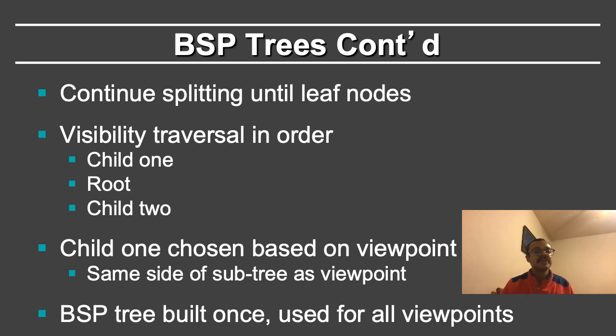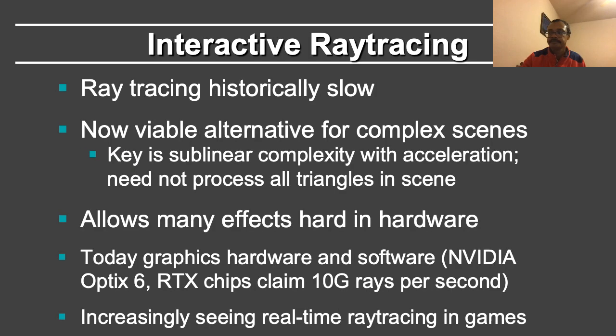Then you look at the splitting plane, and then you look at geometry behind the splitting plane that lies on the other side of the camera. The nice thing about the BSP tree is that it's built only once, but then you can use it for any viewpoint. And in fact, similarly for regular grids and bounding volume hierarchies, they're not rebuilt if you change your viewpoint.